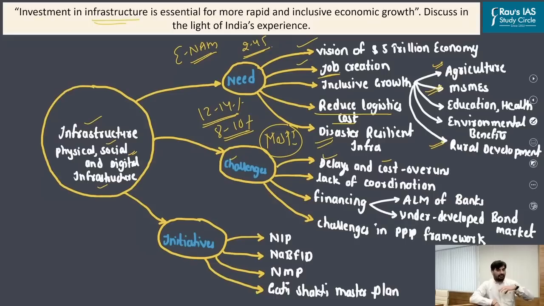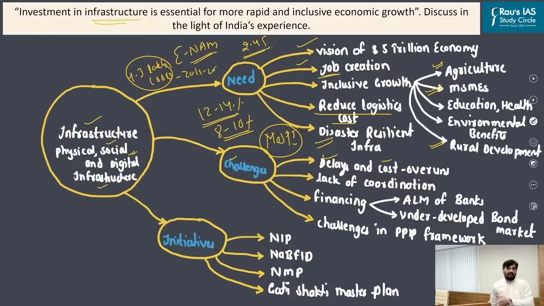So if you launch 5 projects this year, 1 of these will get delayed for more than 5 years. And whenever there is a delay, there is cost escalation. This report has highlighted that the cost escalation is as high as around 4.3 lakh crores in the year 2019-20. So we have not been able to efficiently implement the infrastructure projects on time.